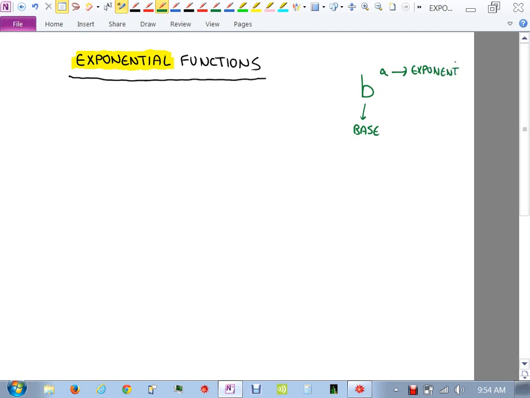So we are going to look at functions that involve exponents, but it's not just any function. It seems like I always hear the word exponential when I'm watching the news. Whenever you are watching something on TV and they're trying to illustrate that something is growing very rapidly or going away very rapidly, they usually use the word exponential, and it's misused all the time.